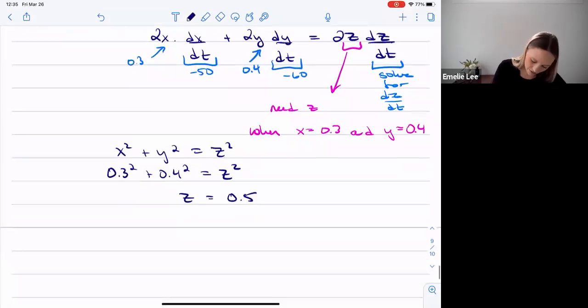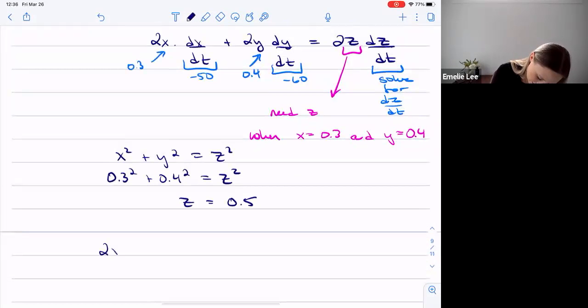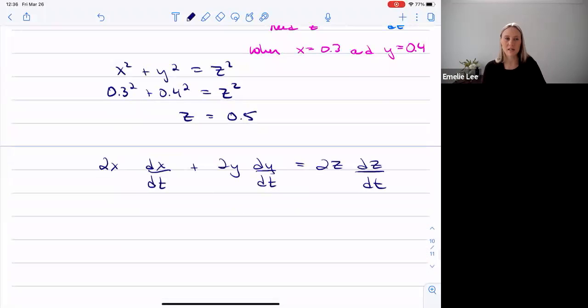So, okay, here we go. I'll just jot down the original here: 2x dx/dt plus 2y dy/dt is 2z dz/dt. What if I mix things up?